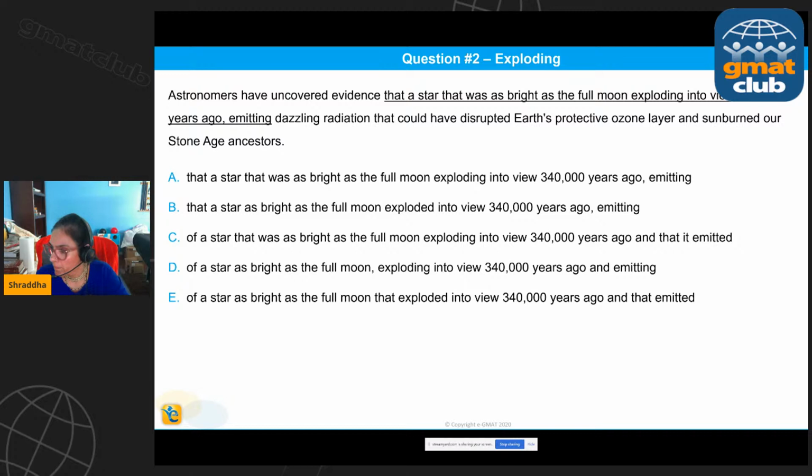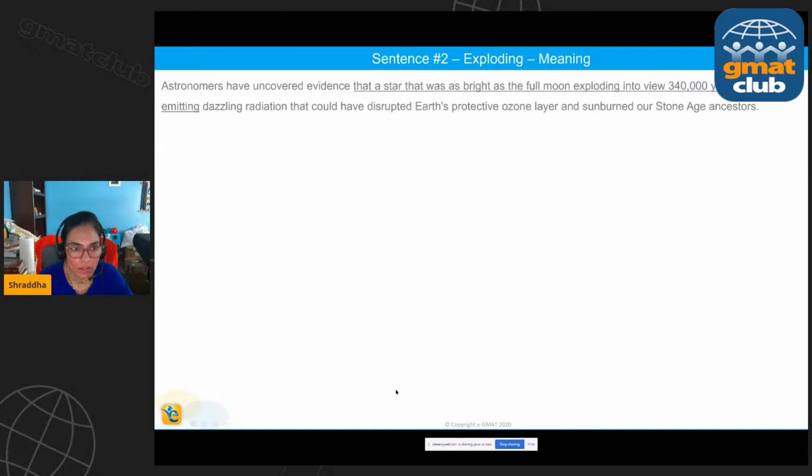Yeah, most of you landed on the right one. But still, let's take a deep dive into this question. Now, what's happening here? Once again, we are going to do it the e-GMAT way. It's a long sentence. There is no way I can read the entire sentence in one go. So what I'm going to do is break it down into smaller chunks.